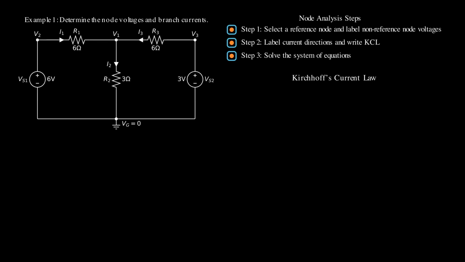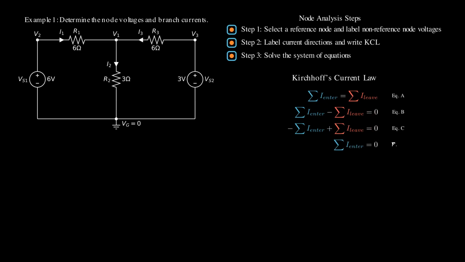There are quite a few ways to write a KCL. The most intuitive way is that the summation of currents entering a node is equal to the summation of currents leaving that node, as indicated as equation A. If we move the summation of leaving current to the left, it becomes equation B. If we move the summation of entering current to the right, it becomes equation C. If we define all the currents entering the node, it becomes equation D, in which we assume the current leaving the node is negative.